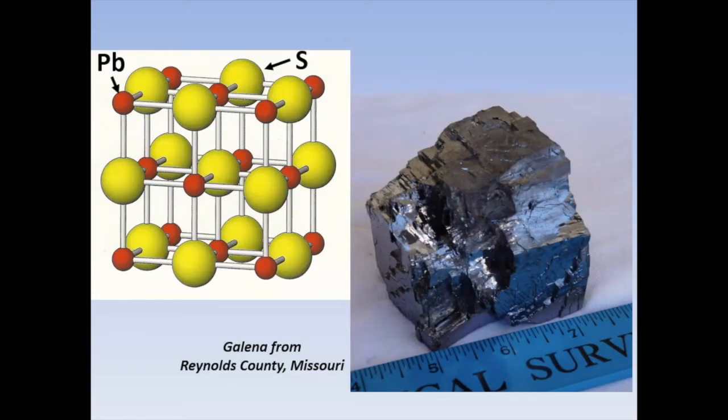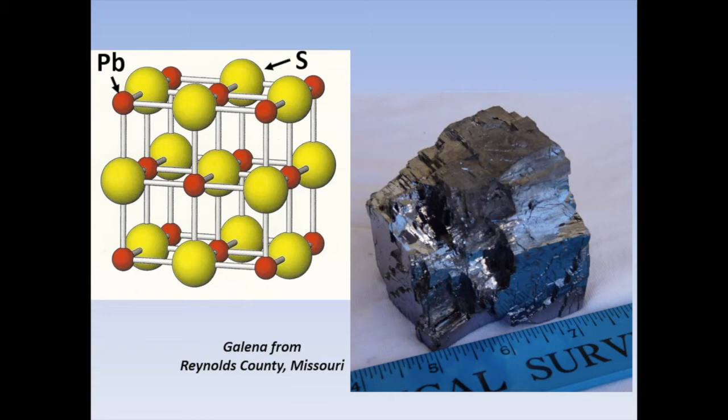If you look at the diagram on the left, this is an atomic representation of the structure of galena. And there we can see the red balls, which represent lead atoms, and the yellow balls, which represent sulfur atoms, are stacked in a very orderly fashion, creating this very cubic structure.